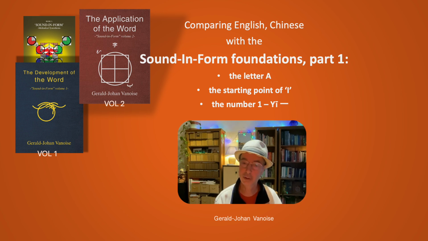And I will explain to you where the letter A is, where the letter I is, and where the idea of I comes from. And I will compare this to the Chinese starting point of counting, the number 1, which is I.